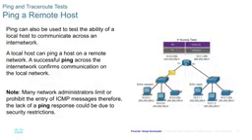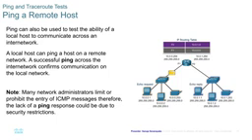Ping a remote host. Ping can also be used to test the ability of a local host to communicate across an inter-network. A local host can ping a host on a remote network. A successful ping across the inter-network confirms communication on the local network.